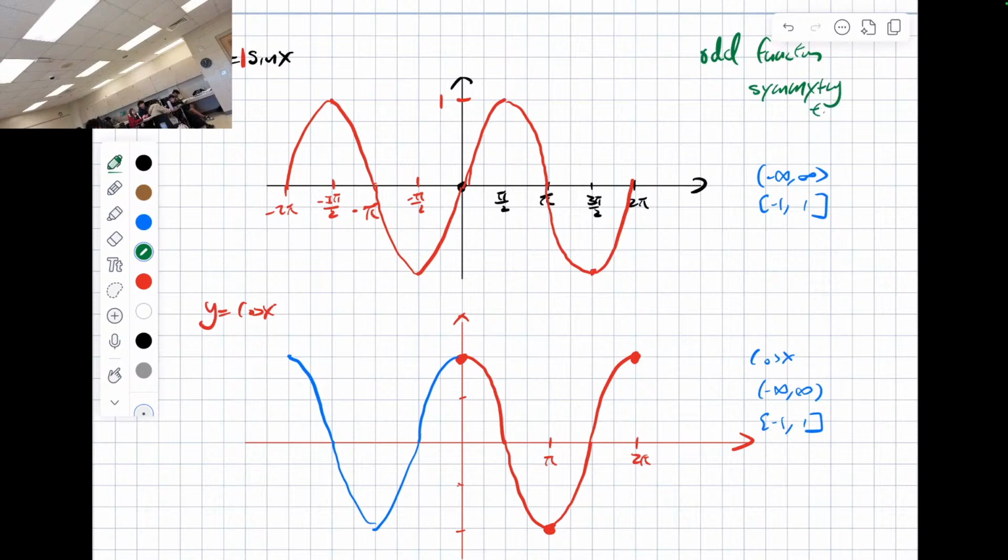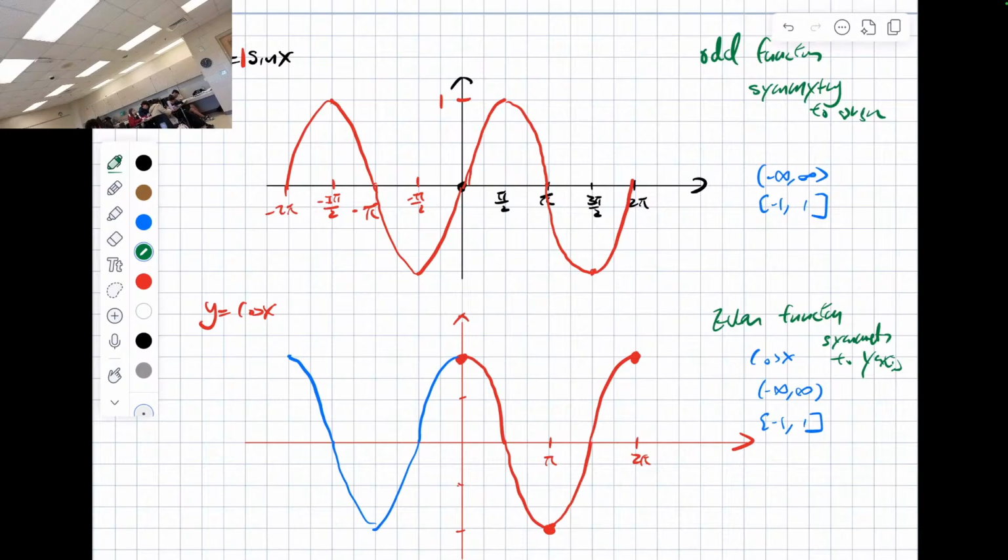The domain and range is the same. So this is an even function. It's symmetric to the y-axis. So they have symmetry to the y-axis.